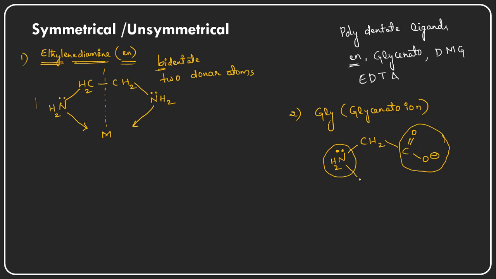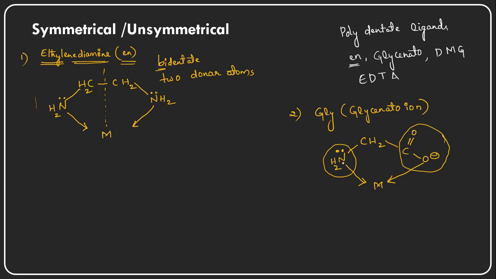So it can donate a pair of electrons to the central metal cation, as per our definition of ligands. This oxygen carrying a negative charge can also donate its electron pair to the central metal cation. This negative charge is nothing but a pair of electrons. So here oxygen can donate the pair of electrons, and nitrogen as well.